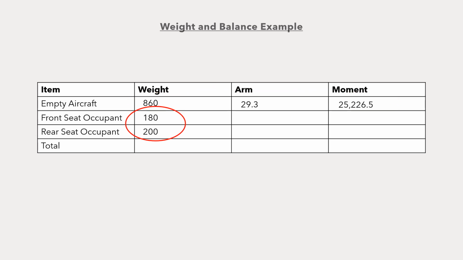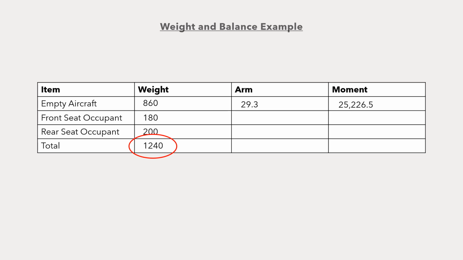Then we have to determine the weights of the occupants in the front seat and the rear seat. You can ask them, or you could make them get on a scale if you don't believe them. Get numbers you sort of believe there.